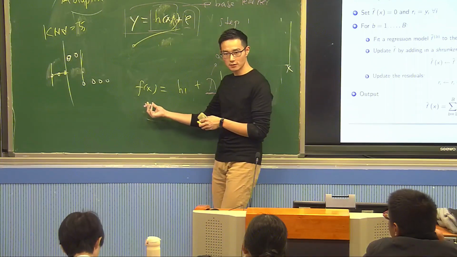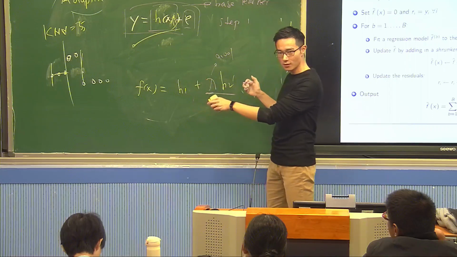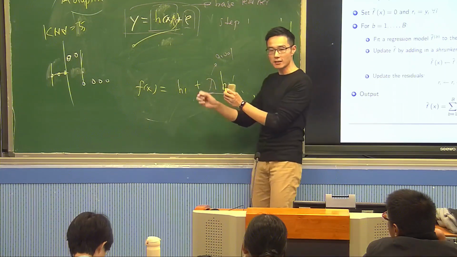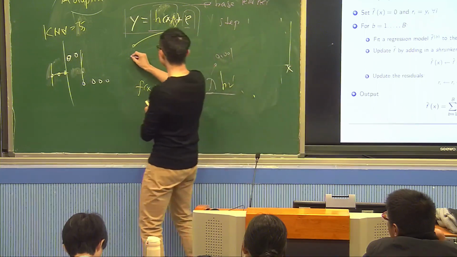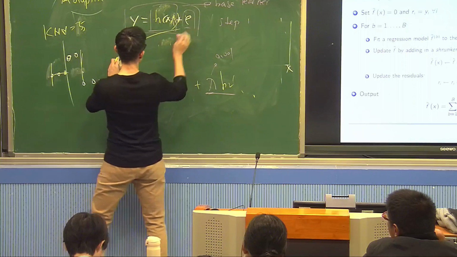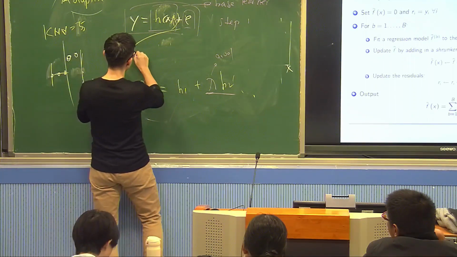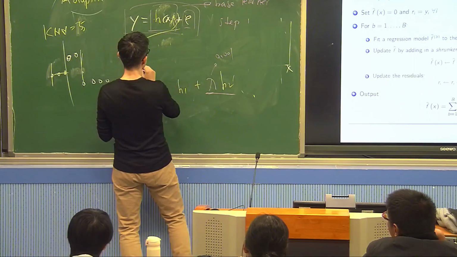All right, and then we can do this for 1,000 times or 10,000 times. You can do the boosting for a long time, because every time you're only adding a tiny little bit to the final model. And of course, in this case, what we have is really y minus lambda times h1. Let me see.